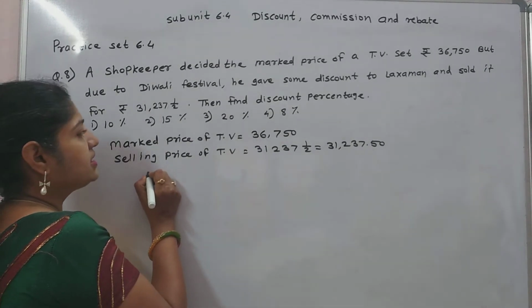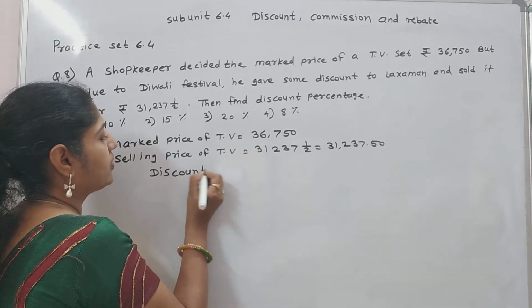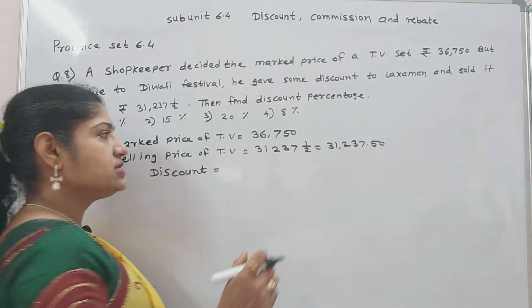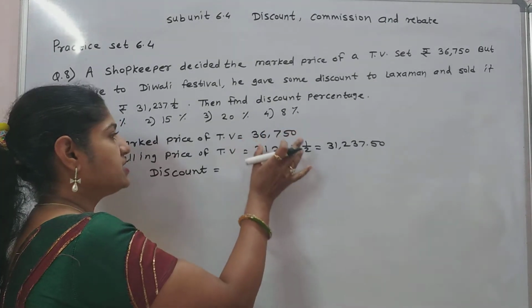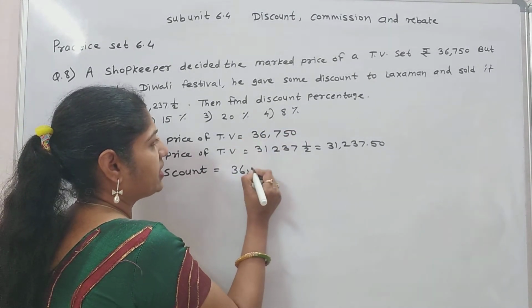Now there is the discount, so Lakshman gets a discount. What is that discount? Mark price minus selling price.